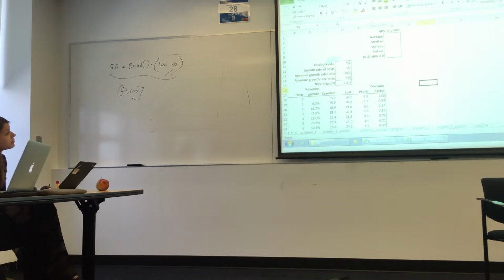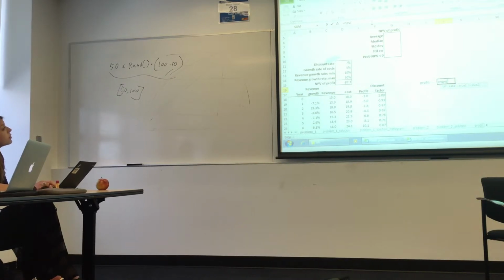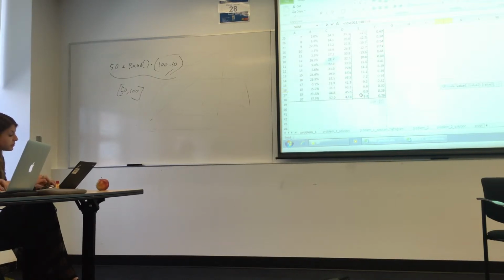So what is the profit of this simulation? The profit of this simulation is just the NPV. It's not a finance or accounting session, but it's the NPV. The first argument is the discount rate. The second argument is just all the profit. Actually, it will not work.